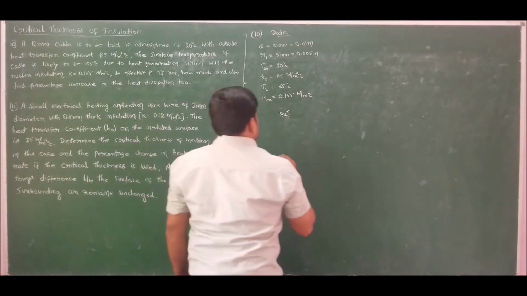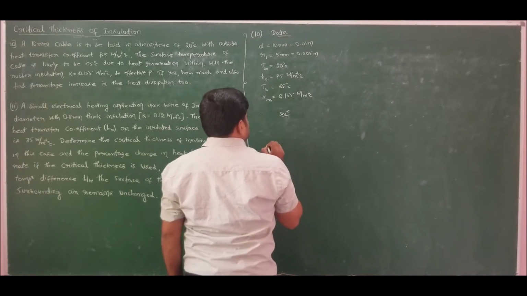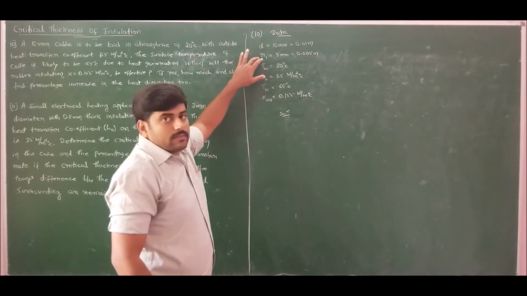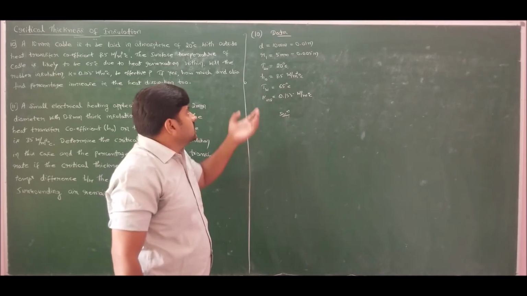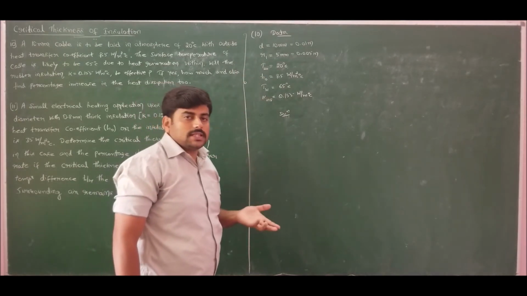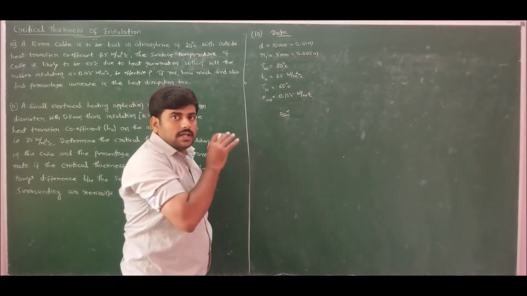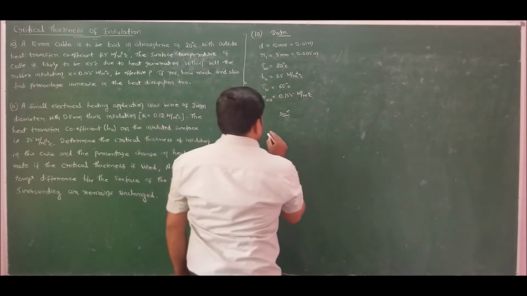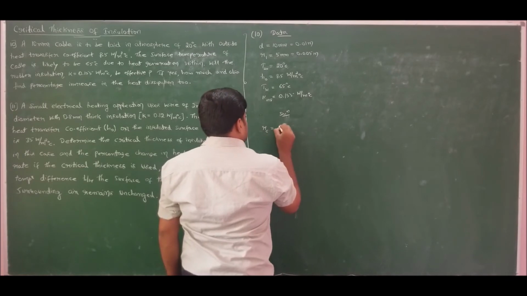First, let us determine the critical thickness or critical radius. If the critical radius is greater than 5 mm, then the insulation is recommended. If the critical radius is less than 5 millimeters, then there is no use of going for insulation at all. Now let us verify by determining the value of critical radius. We know that the formula for critical radius for cable, which is a cylinder, is k by H0.